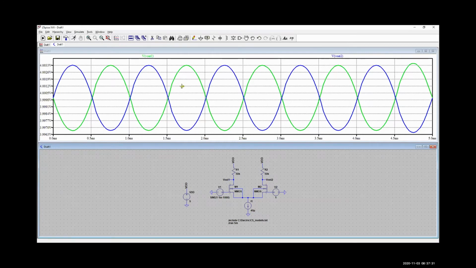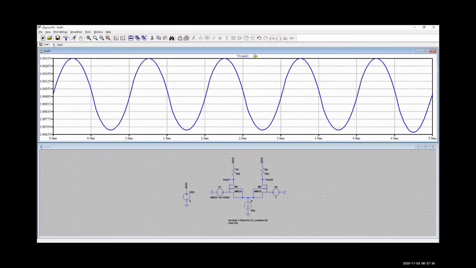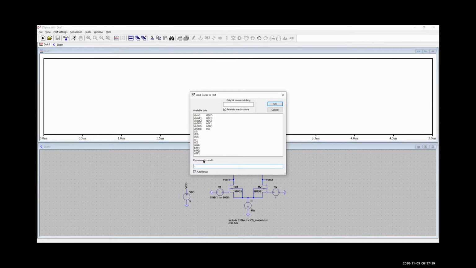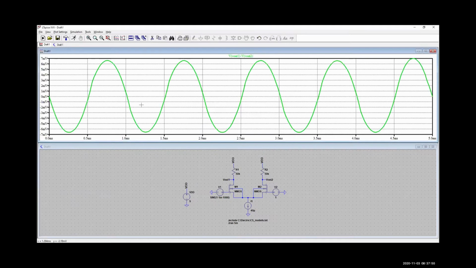What I'm going to do is, instead of having V out 1 and V out 2, I am going to add V out 1 minus V out 2. And now it should be fairly easy to see what's going on, but I'll go ahead and add this trace as well.